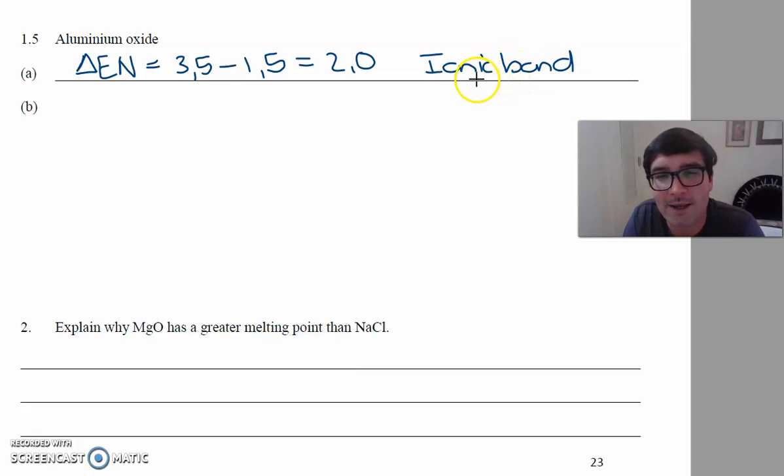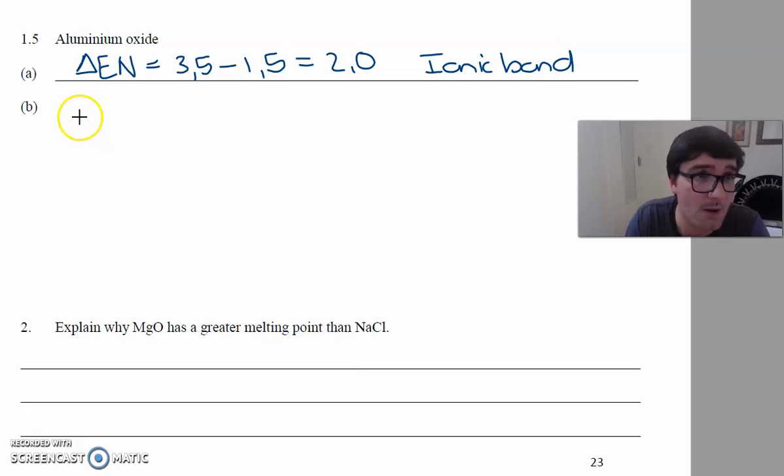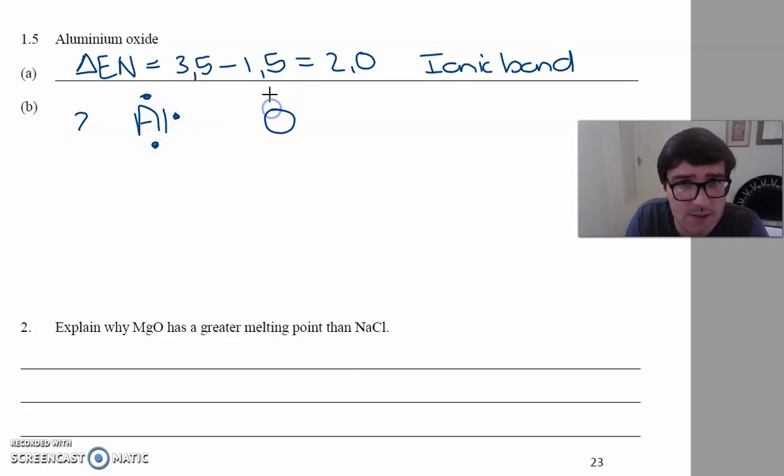Just for interest's sake, I want you to go and see what they've classified aluminium as at the beginning of this year, end of last year. So just go and look. In this case, aluminium has 3 valence electrons, and oxygen can accept 2 valence electrons per atom.